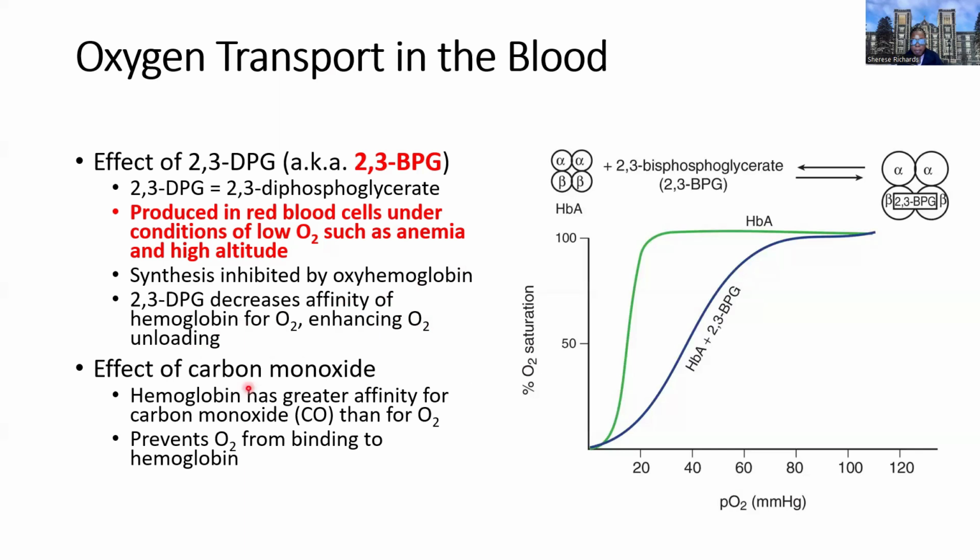The effect of carbon monoxide is another example of this. So carbon monoxide is a very dangerous, very poisonous gas because hemoglobin actually has a greater attraction to carbon monoxide than it does for oxygen. And so what this does is this is a competitive binding. It prevents oxygen from binding onto hemoglobin, which can be fatal, right?